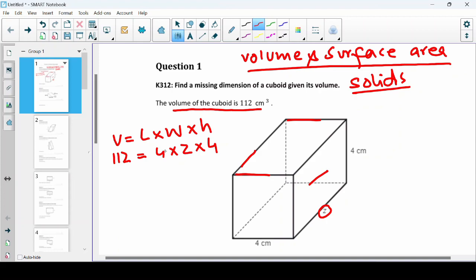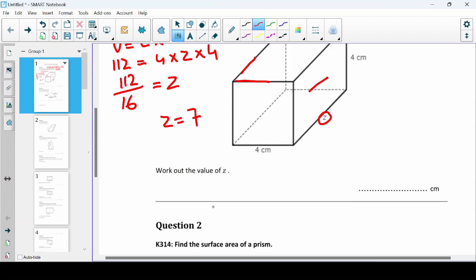So 4 fours are 16, and we take the 16 to the other side of the equation. So it is 112 divided by 16 is equal to z. That is the first question.